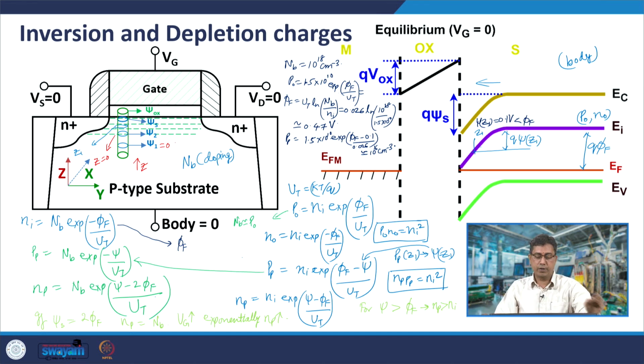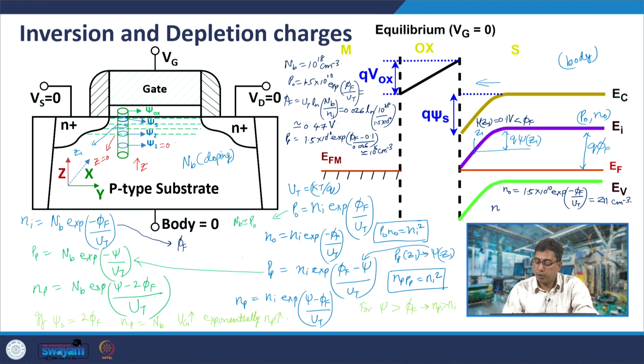What about electron concentration? Let us see the electron concentration. So, electron concentration deep inside silicon, that is in the neutral region, you can see from here, it is intrinsic concentration Ni squared divided by Nb, which comes out to be some 210 or 211 per centimeter cube. Okay.